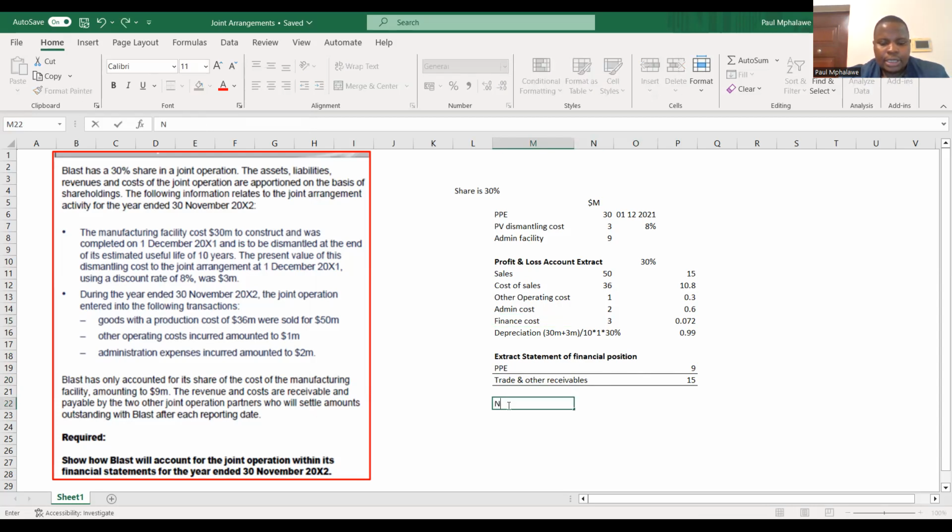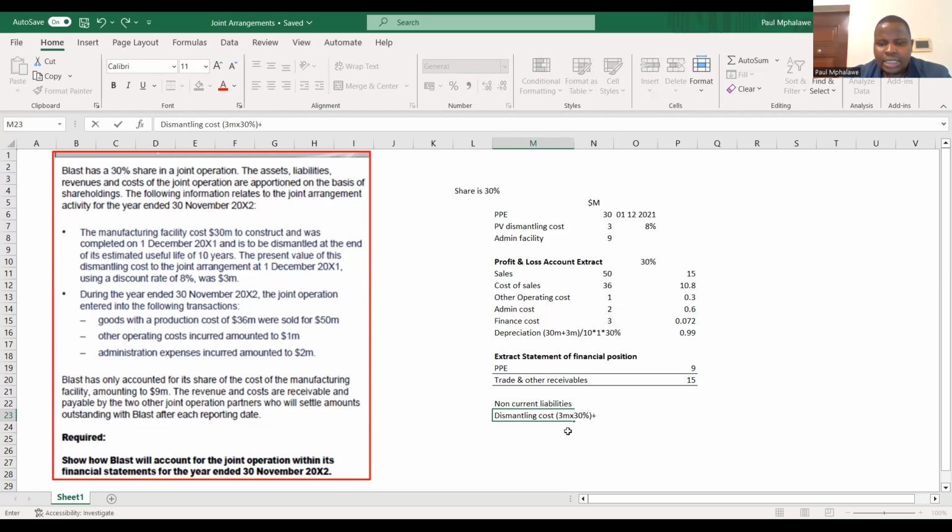Under non-current liabilities, the issue with dismantling cost. We're given in the question that dismantling cost is going to be 3 million. Out of that 3 million, we need to take a share of 30%.